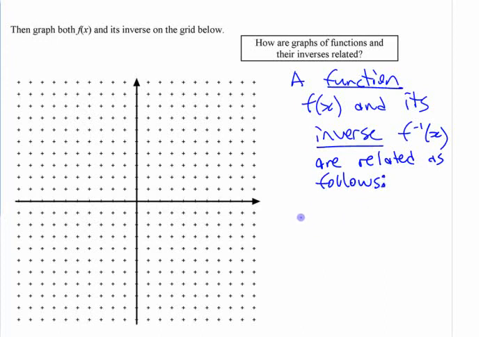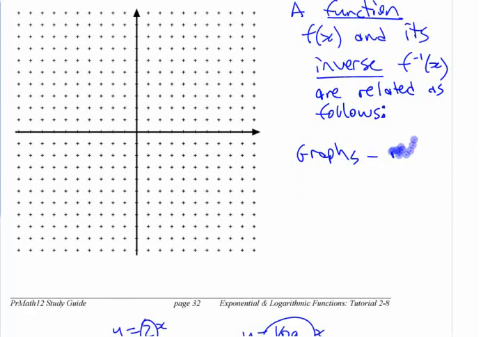When you're talking about the graphs, they are reflections in the line y equals x.